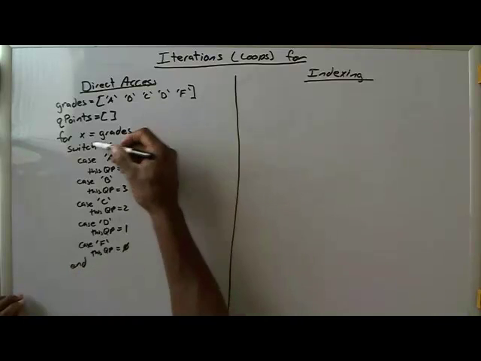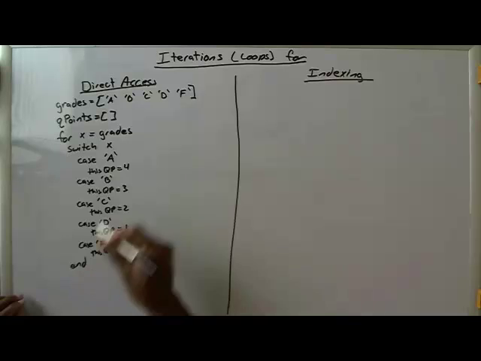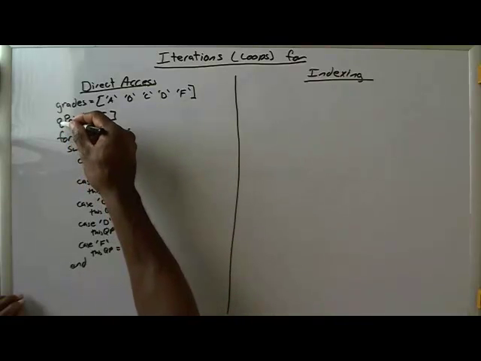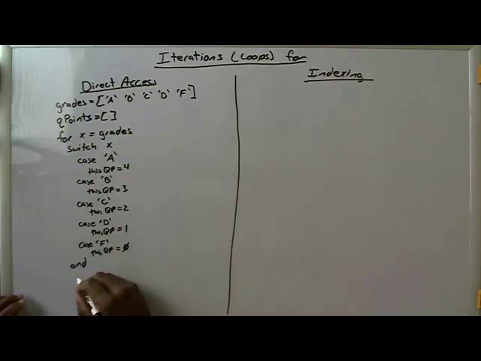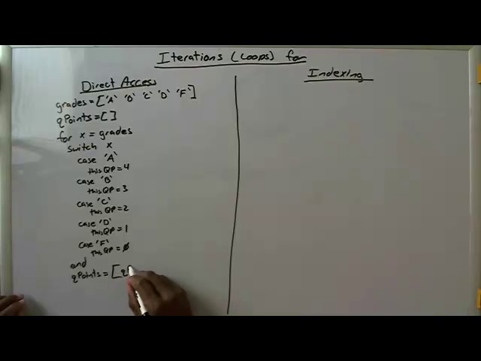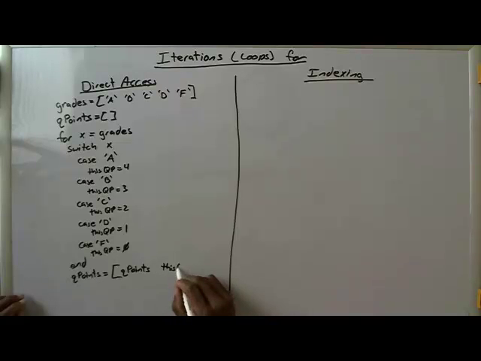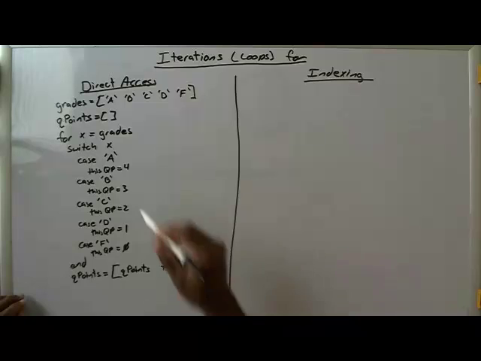Then, before I exit my for loop, I need to build the vector Q points. And so I'm going to say vector Q points is going to equal the concatenation of the existing value of Q points concatenated with the variable this QP.